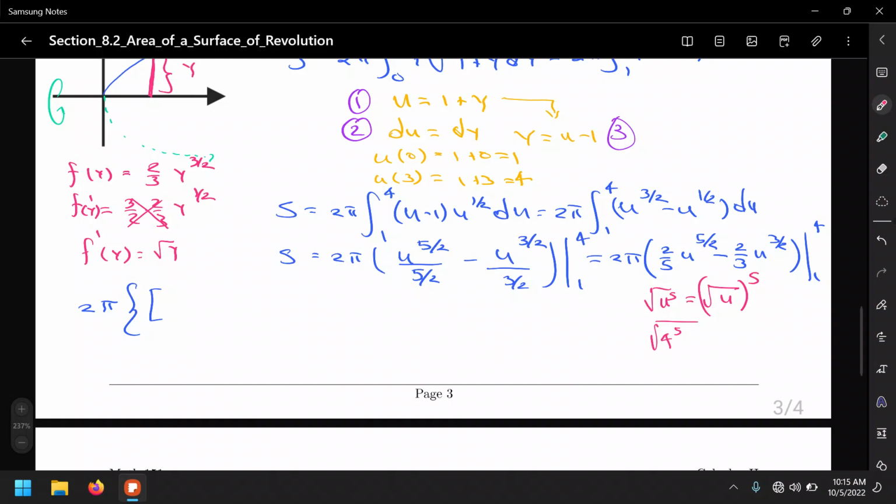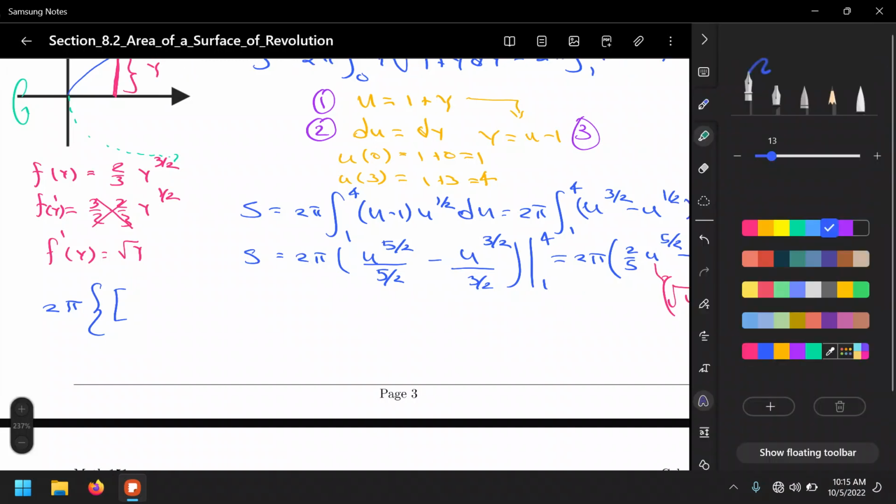So in this case, it's important to check whether these limits of integration are perfect squares. So the best way to go about it is by writing in this form, and that's minus, and this one right here will mean the square root of u to the 3rd power. And same, we can take the square root of 4 and the square root of 1. I mean, they're perfect squares, and that's what I'm going to do here.